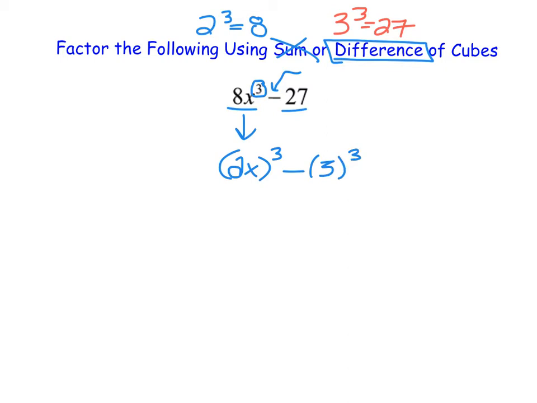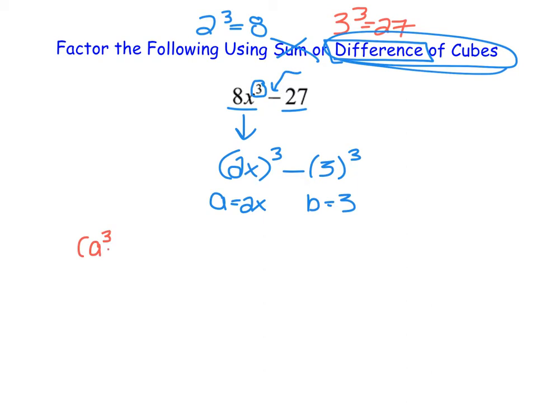So because both 8x cubed and 27 can be rewritten as cubes, here I know that a is equal to 2x and b is equal to 3, and I have a difference of cubes situation. Now if I look back at the factored situation that I wrote in the previous page, I know that the difference of cubes says a cubed minus b cubed, which in this case is 2x cubed minus 3 cubed.